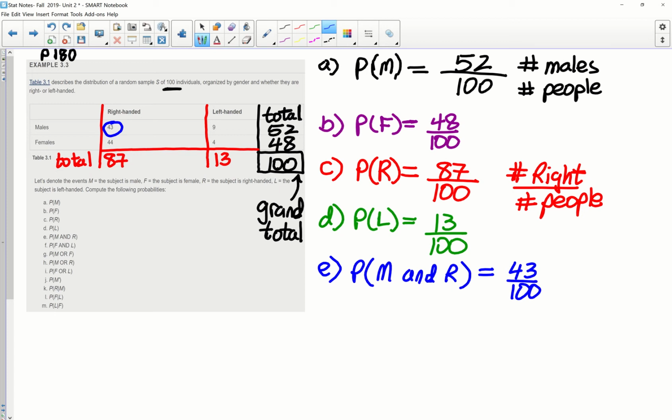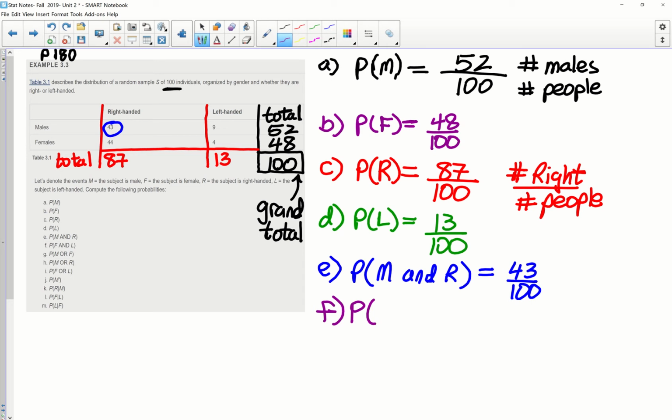Same idea with left-handed and male. Female, sorry. Female and left-handed. I was about to write it backwards anyway, so this was going off the rails right off the bat.